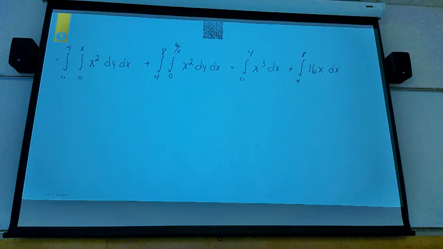Length 0 to x is just x. Length 0 to 16 over x is just 16 over x. Antiderivative for x cubed.